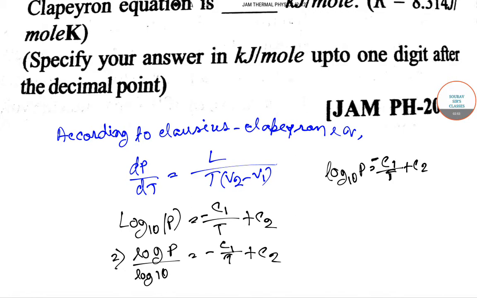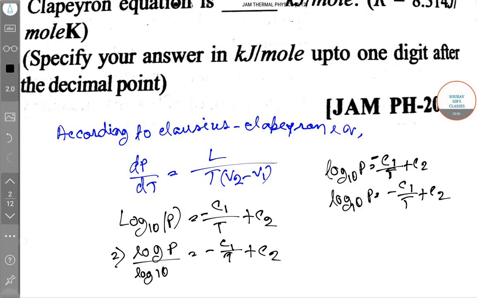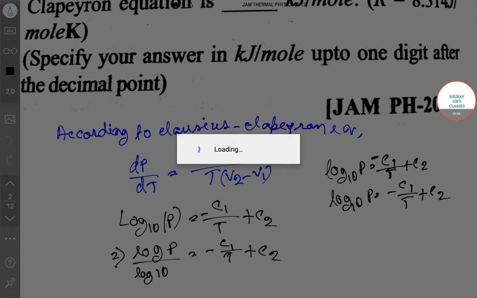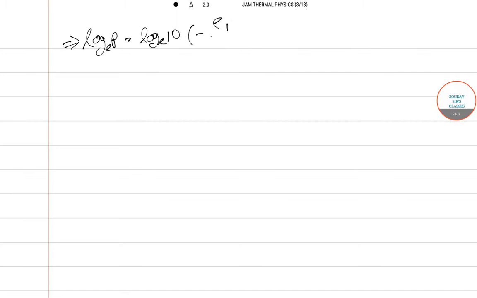The expression is log 10 P is equal to minus C1 by T plus C2. So now we can write log P is equal to log e to the base 10 times (minus C1 by T plus C2).